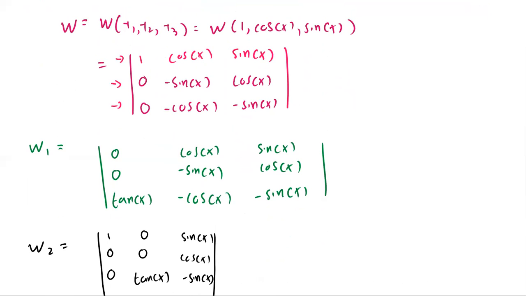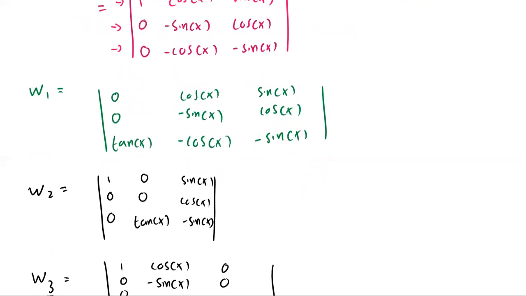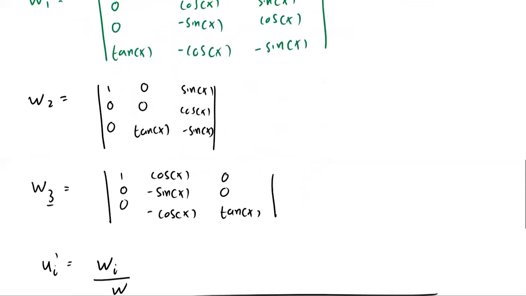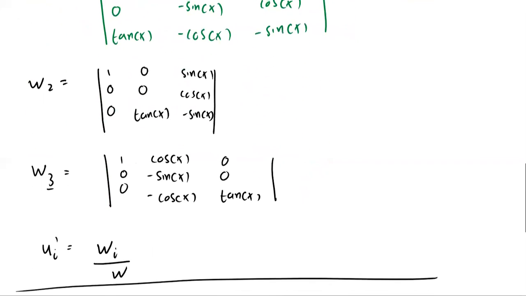So for example, for w1, we replace the column 1, 0, 0 with the column 0, 0, tangent. W2, we replace the column cosine, negative sine, negative cosine with 0, 0, tangent. W sub 3, we replace the third column, which is sine, cosine, negative sine, again with 0, 0, tangent.